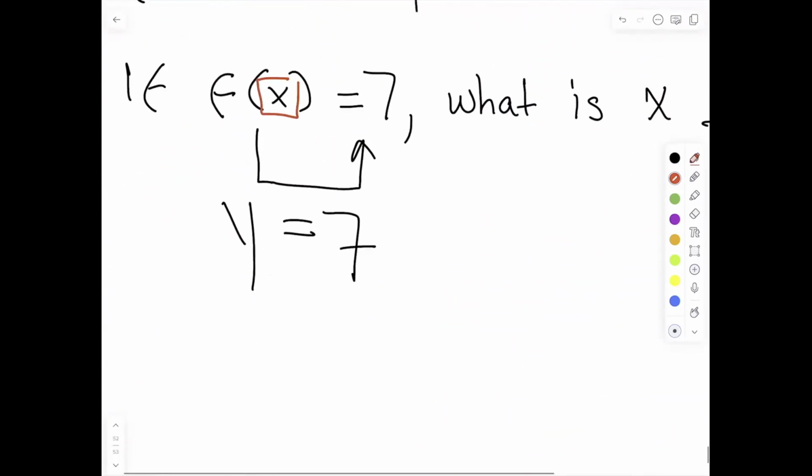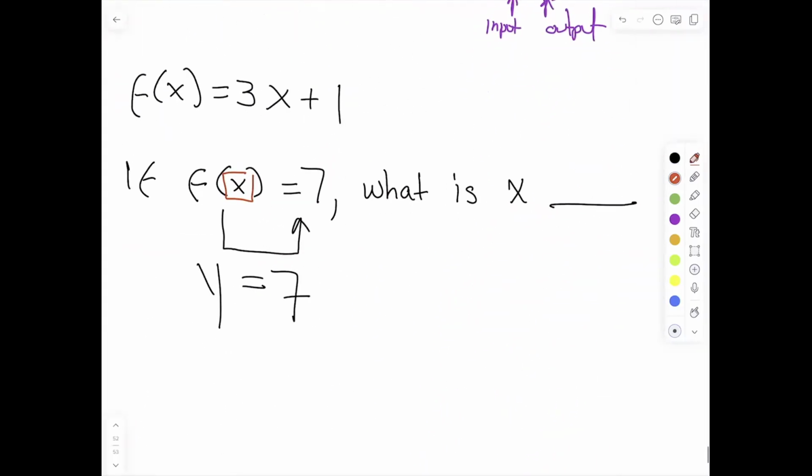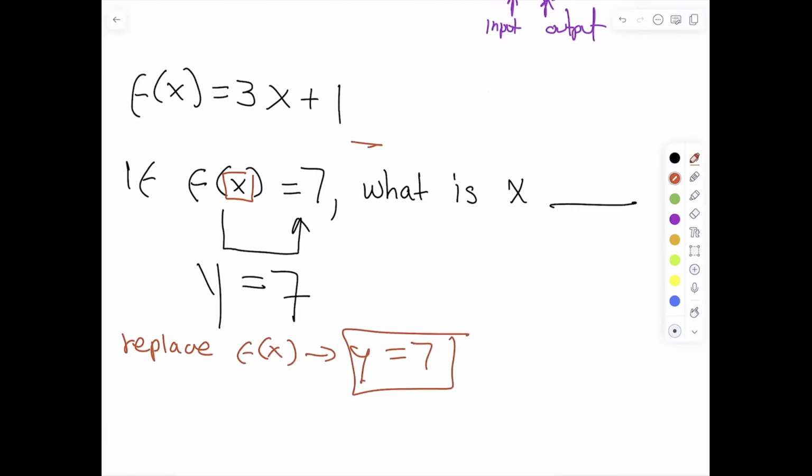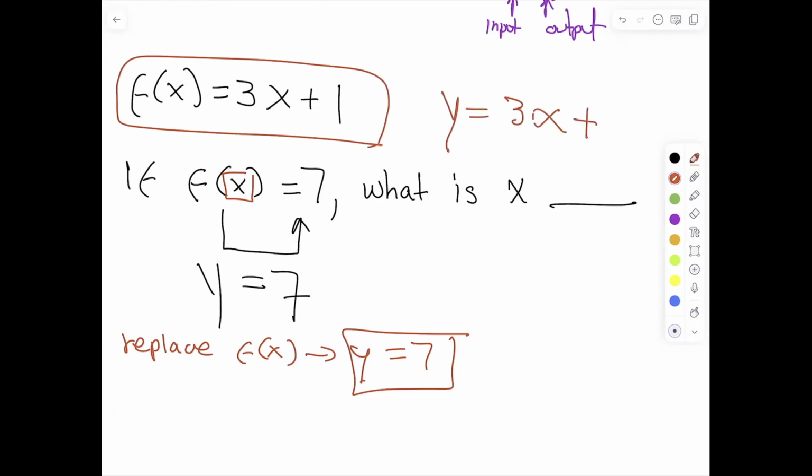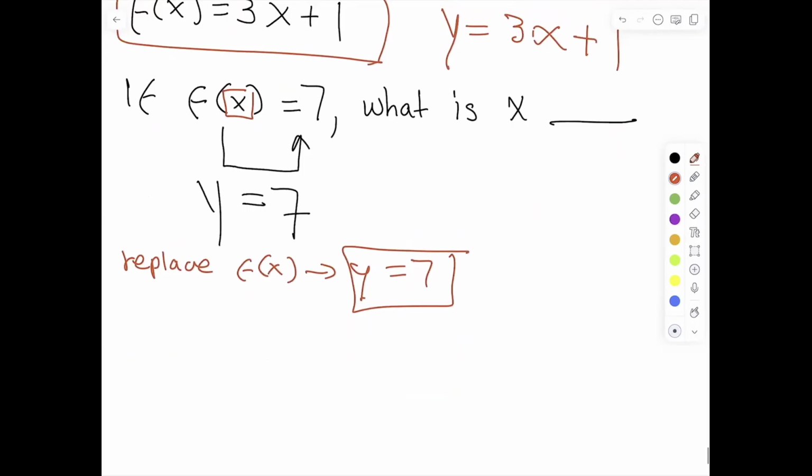So what are they saying here? Replace f of x with y. And now y is 7. What is this equation? Well, this is y is equal to 3x plus 1. What am I going to do with this y?